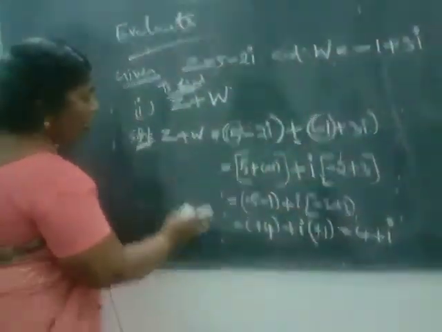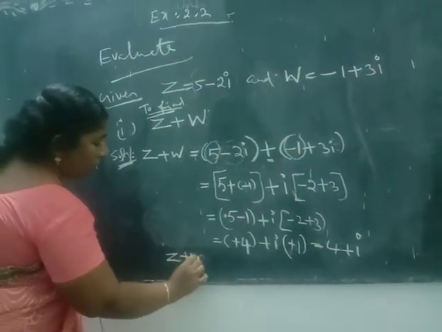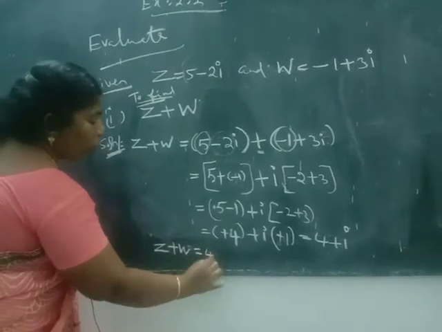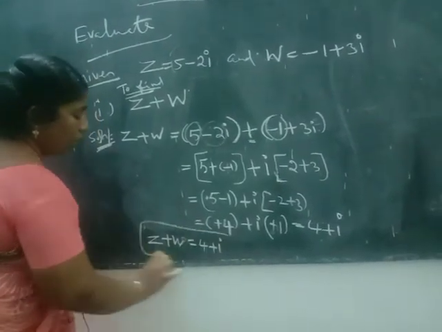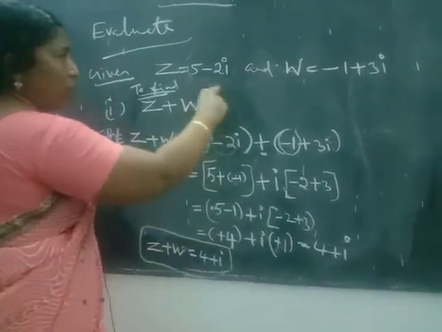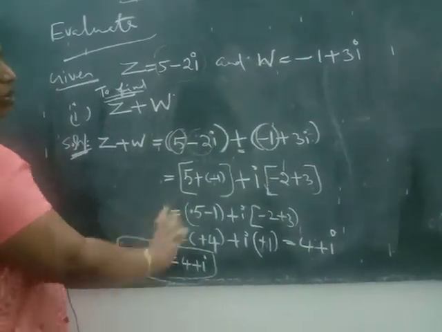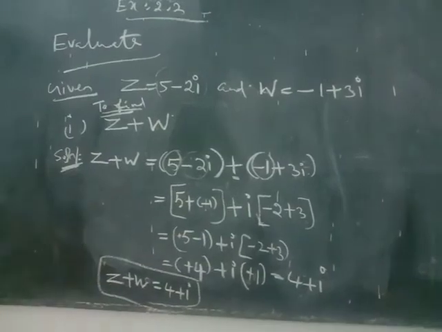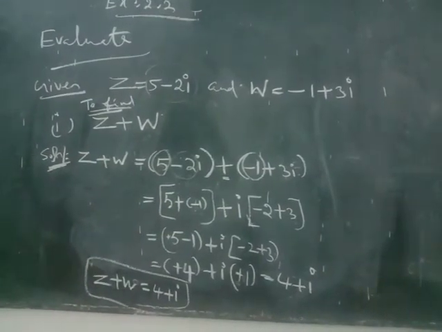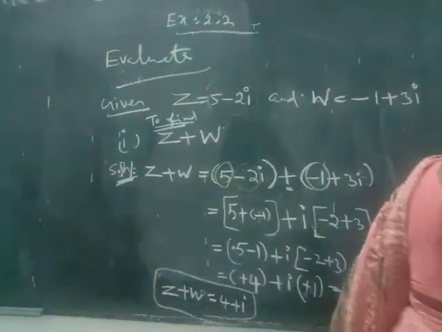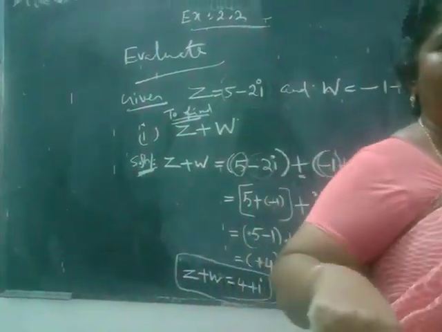So the value of z plus w is 4 plus i. That's all. If we add two complex numbers, again we get a complex number. Okay, next, the second sum.